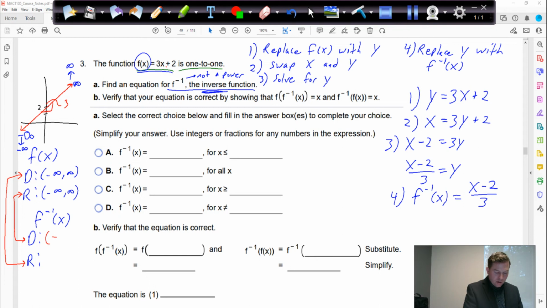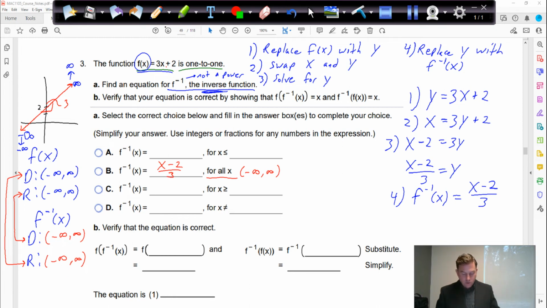But both of these are minus infinity to infinity. So our f inverse equation works for all x. When they say for all x, they're basically saying minus infinity to infinity. And we just have to record our equation. It was x minus 2 over 3.